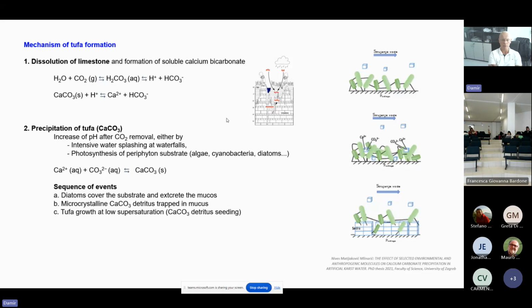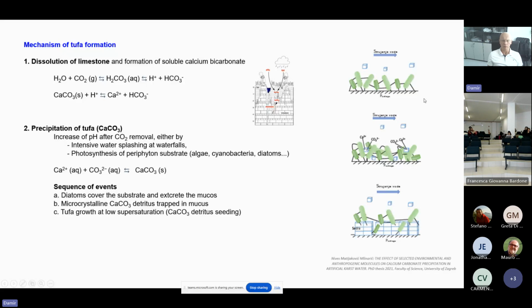But there is also a very specific sequence of events which is shown on this sketch here. At the first phase, in tufa-forming water, diatoms cover the substrate, and diatoms typically excrete mucus.